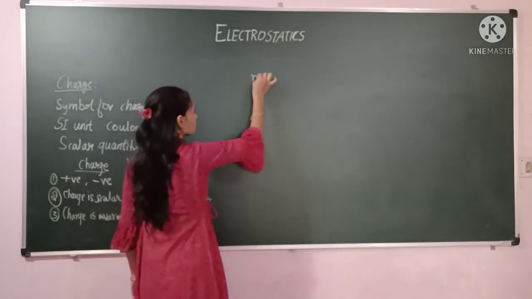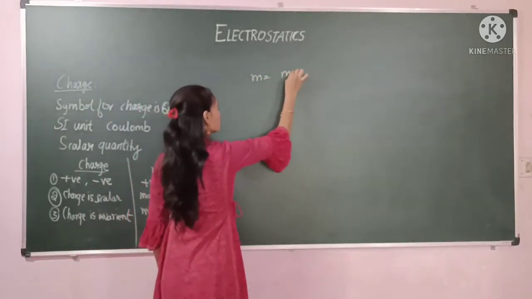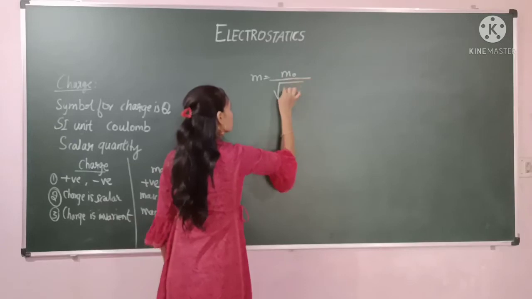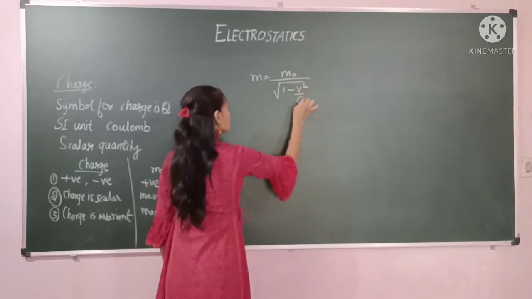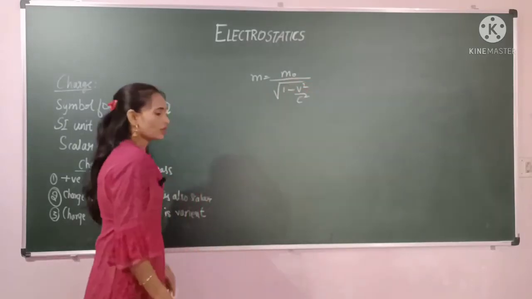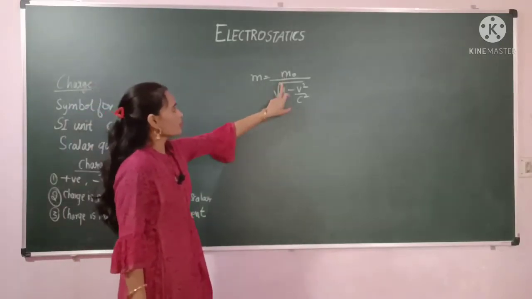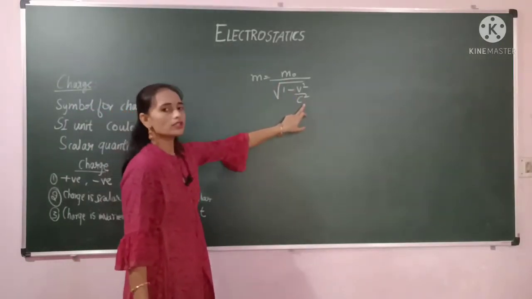According to this formula, m is equal to m naught divided by the square root of 1 minus v squared by c squared.